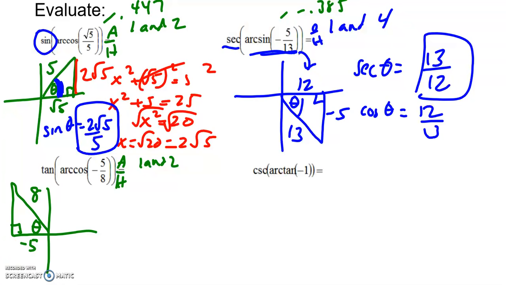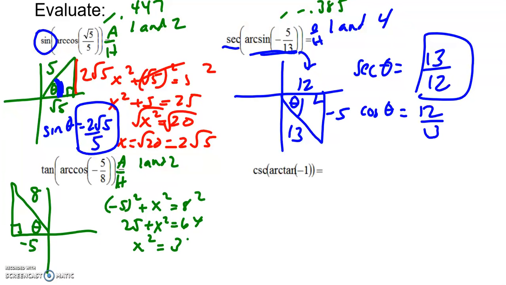X is negative in the second quadrant. If I again do the Pythagorean theorem, negative 5 squared plus x squared equals 8 squared, I would get x squared equaling a lovely answer of 39. And if I take the square root, x is the square root of 39. So I'll try to put that right here.